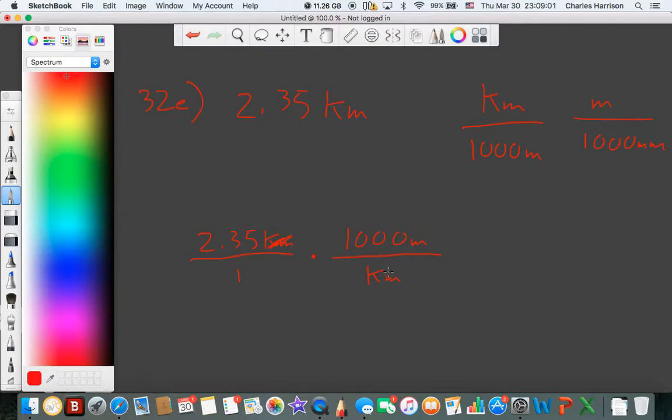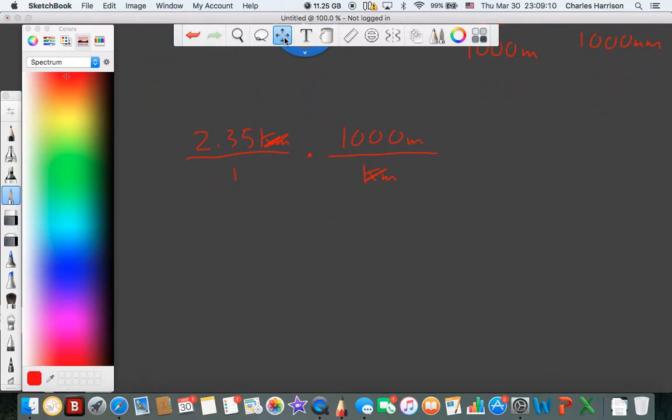The kilometer is taken away, and then it's just this times 1,000. Well, we know from the ones we've done in the past that we just move the decimal 3 places. So it's 2350. It moved 3 places. 1, 2, 3, and that's a 0.